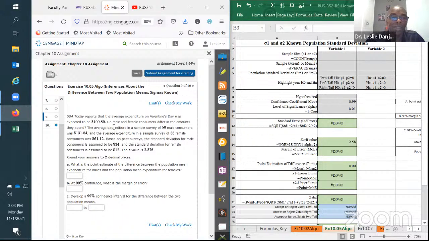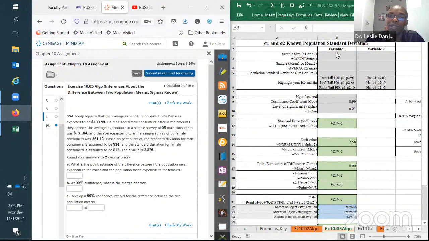All right. Do males and female consumers differ in the amount they spend? All right. So the average expenditure in a sample survey is of 50 males. What consumer was this? This is how much males paid on Valentine's Day.